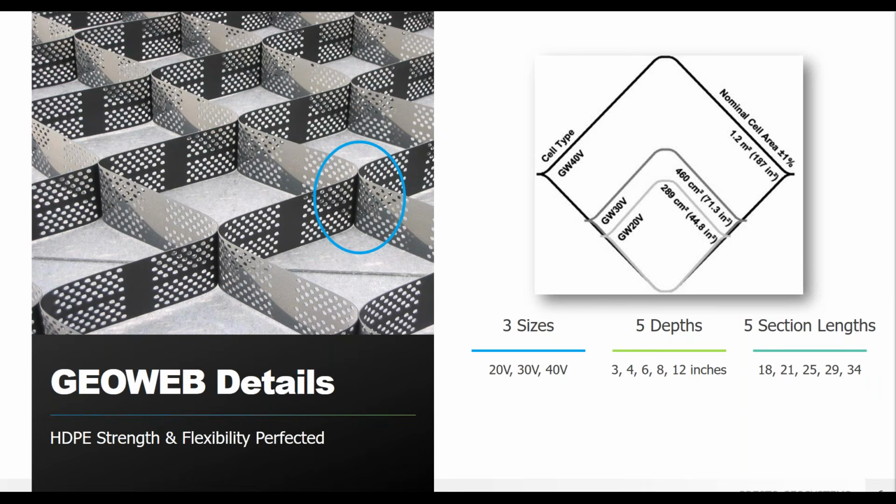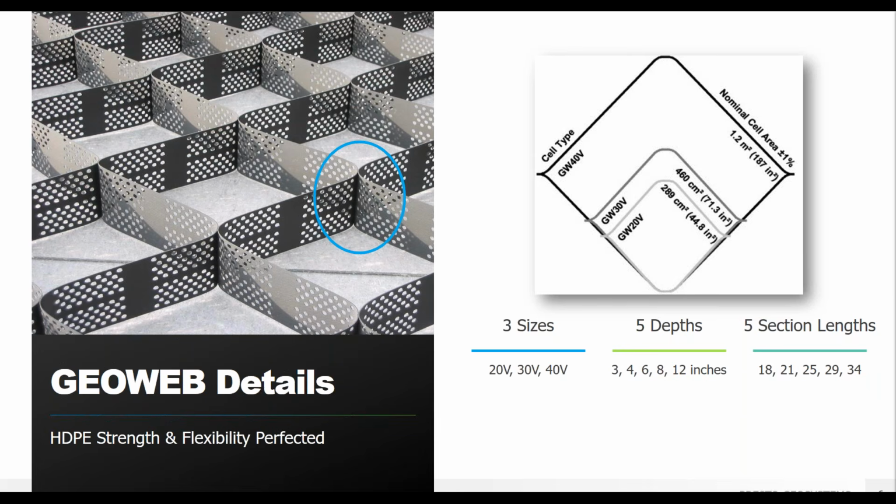The GEOWEB system is produced using high-quality virgin high-density polyethylene, HDPE. And so this is done so it has consistently strong welds at every cell junction, while also maintaining some semi-rigid ductile properties within the cell walls. If you have too stiff of a cell wall, it can lead to overstressing of those seams and the potential for cell rupture.